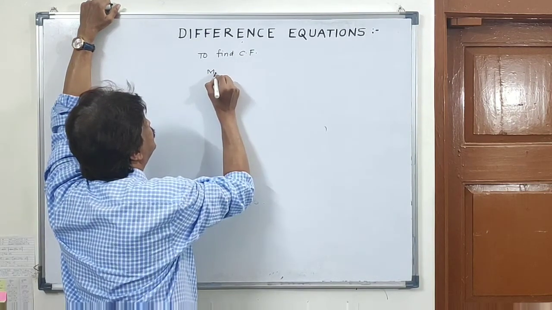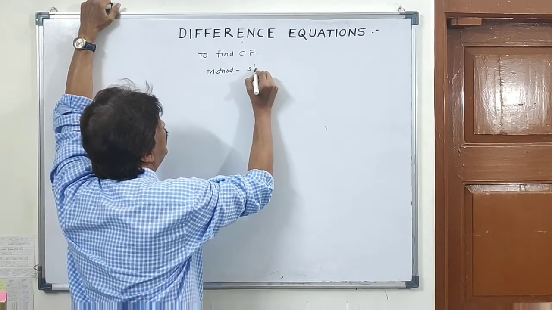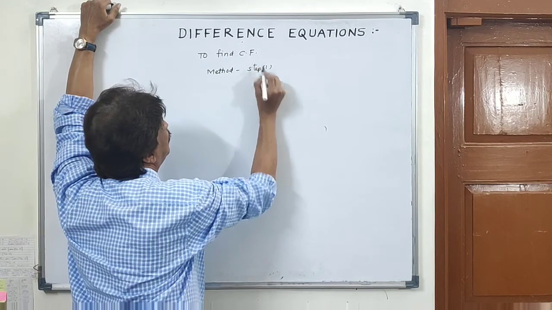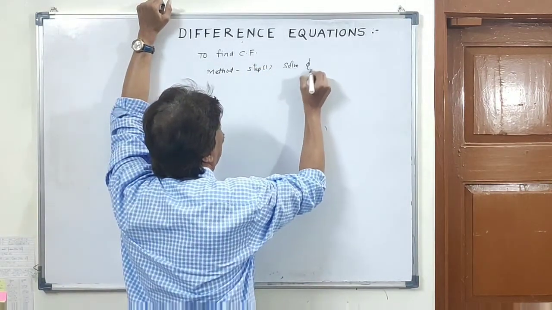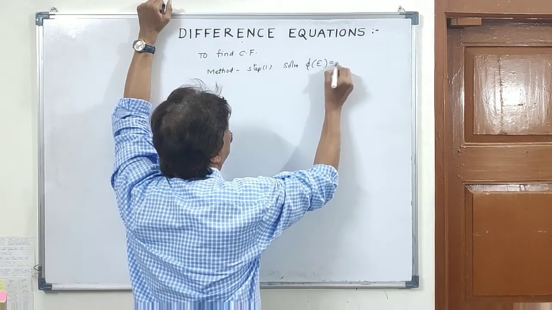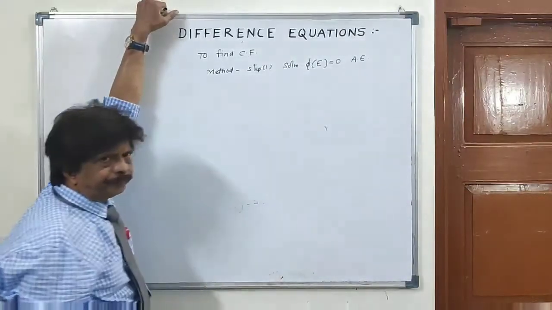Method. Step 1. Solve phi of E equal to 0. This is the auxiliary equation.